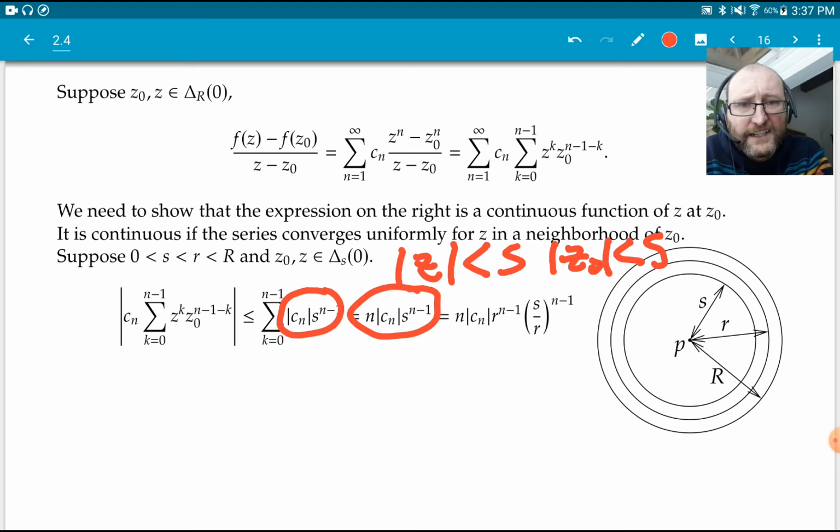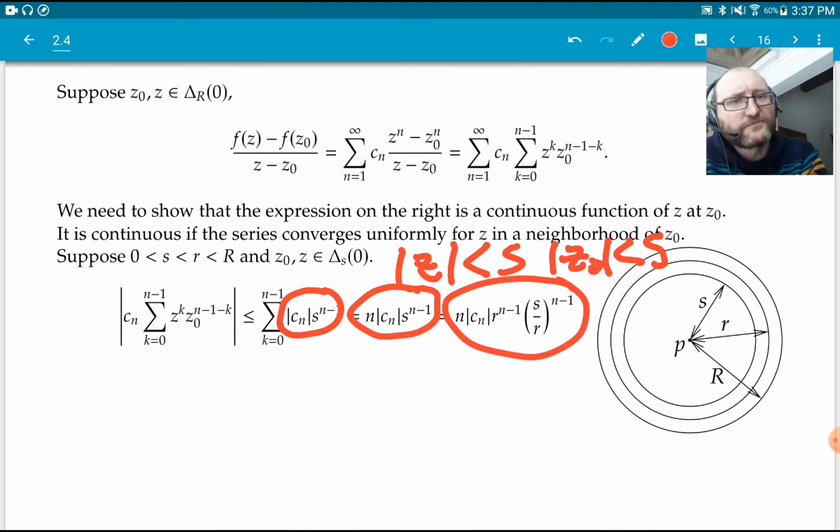Now we make this a little more complicated by multiplying by r to the n minus 1 over r to the n minus 1, so that we get this expression over here.